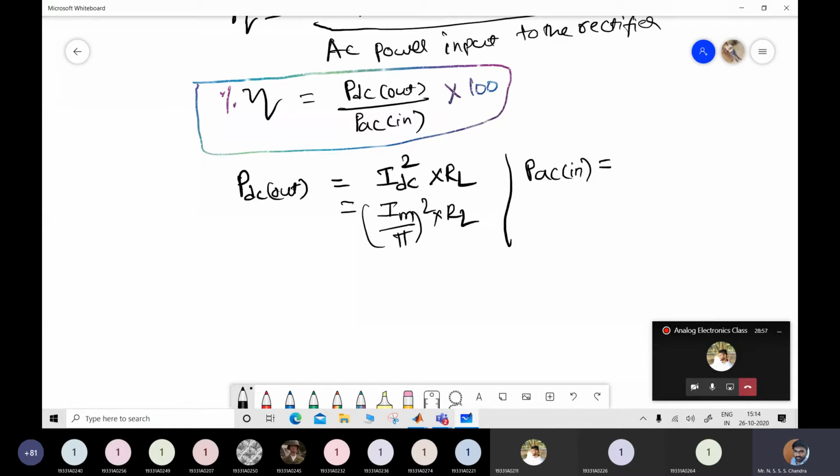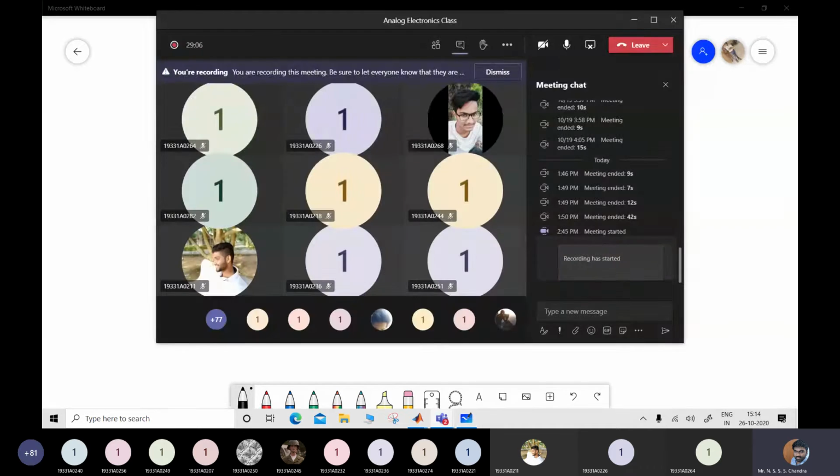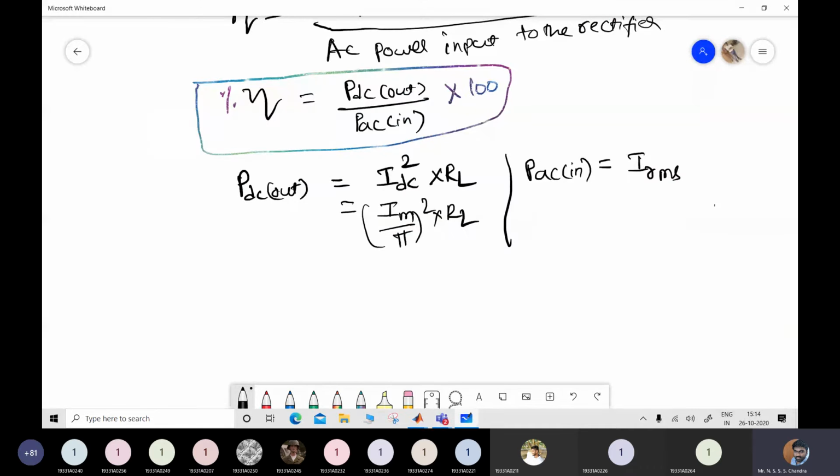Because current is the same for the entire circuit, I will write AC power as I RMS square into RF plus RL, where RF is your diode forward resistance and RL is your load resistance.